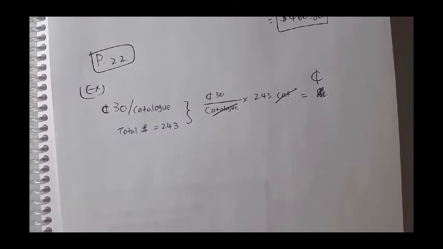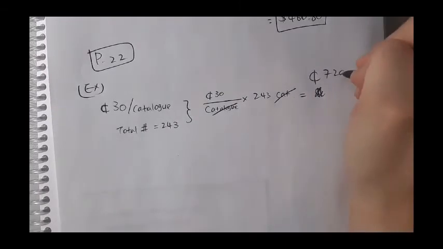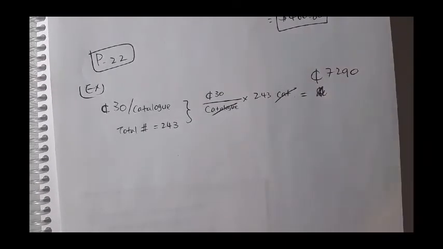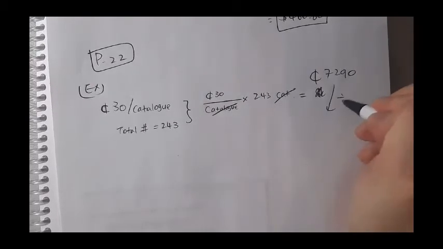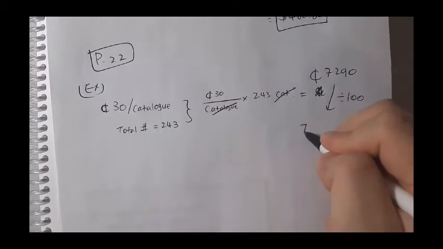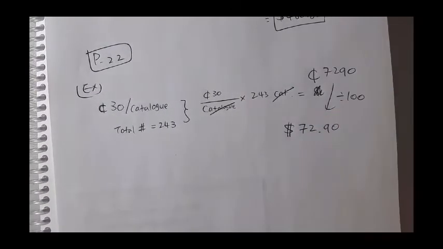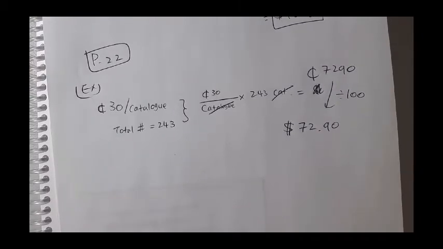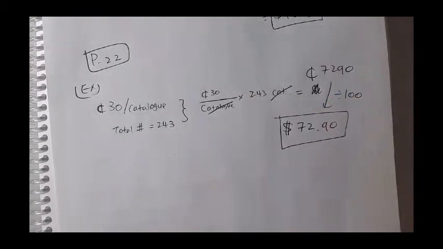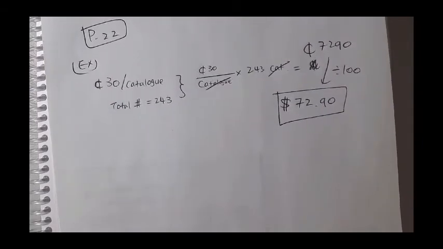So 243 times 30 is equivalent to 7,290 cents, which means, if you think about it, 100 cents is $1. So if I divide it by 100, you will know that that's $72.90. That is what you get paid.